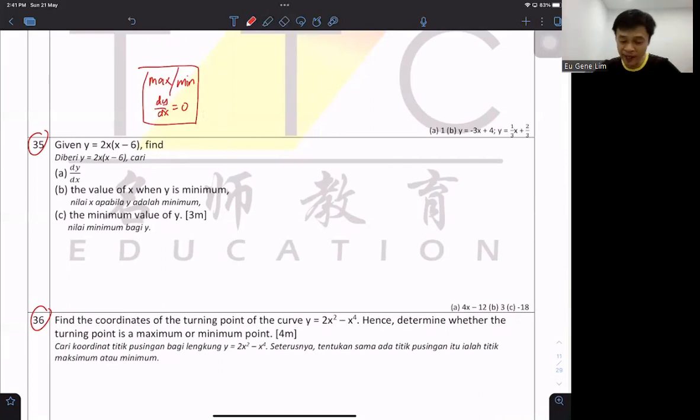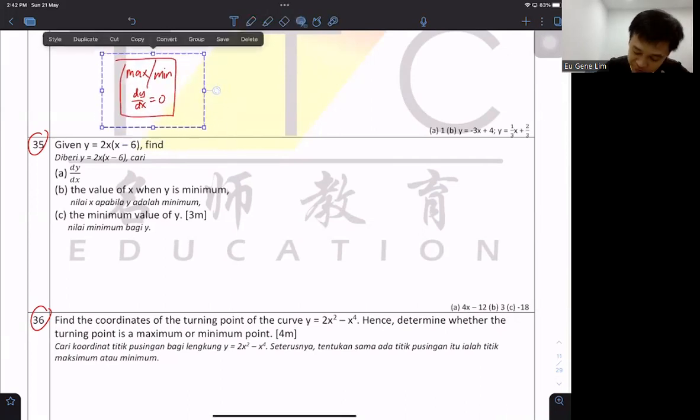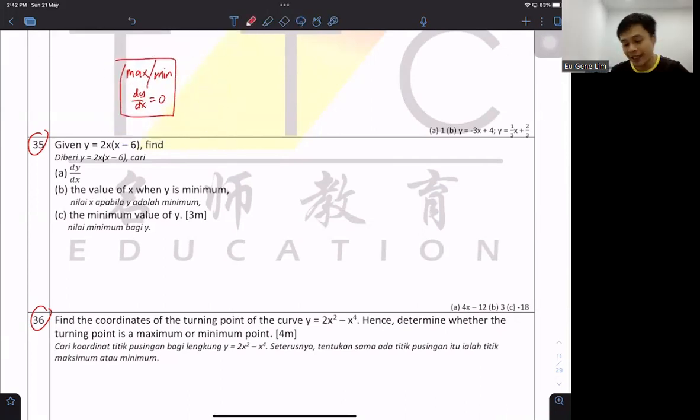Then there's one more, and this one you have to remember. How to know whether it is maximum or minimum. Maximum, minimum, both also dy dx equals to 0. But for minimum, d square y dx square is positive.